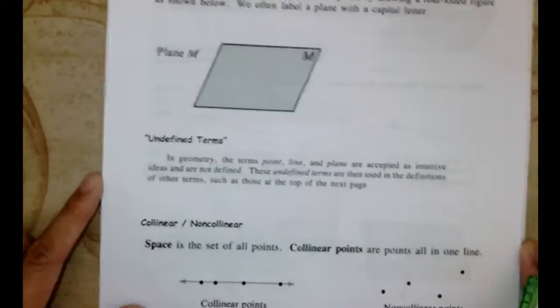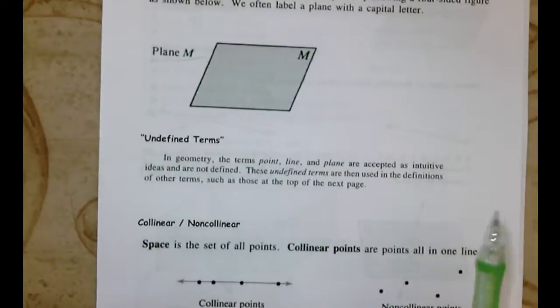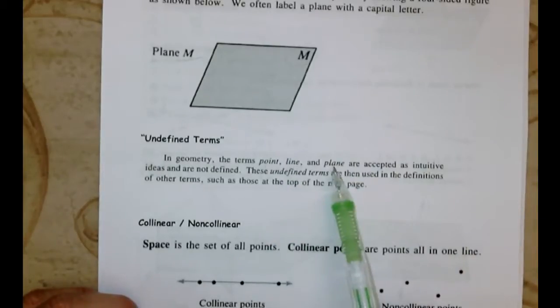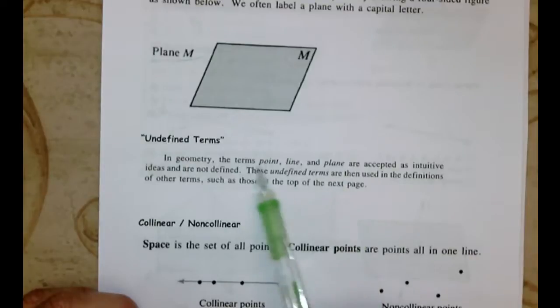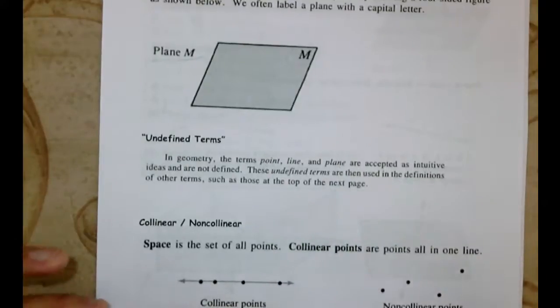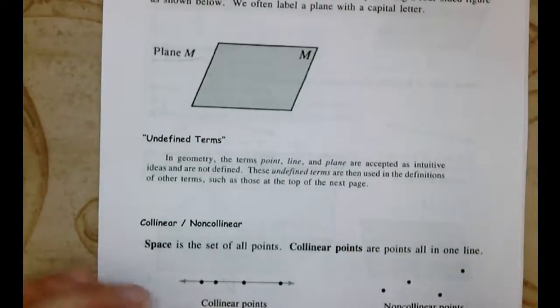So when I ask you on a quiz or test to list 3 undefined terms in geometry, we are talking about point, line, and plane. We cannot define them. We have to accept them as what we understand points, lines, and planes to be. And once we accept these as undefined terms, we can use them to define other things.